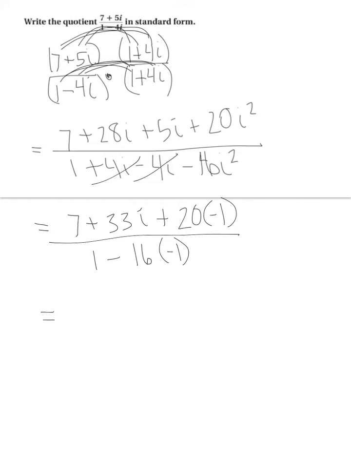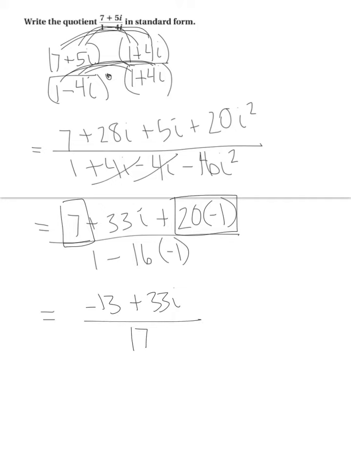In simplifying even further, in my numerator I had a 7 and a negative 20. So 7 minus 20 is negative 13. And I still have 33i. And then in my denominator, 1 minus a negative 16 would be 17.